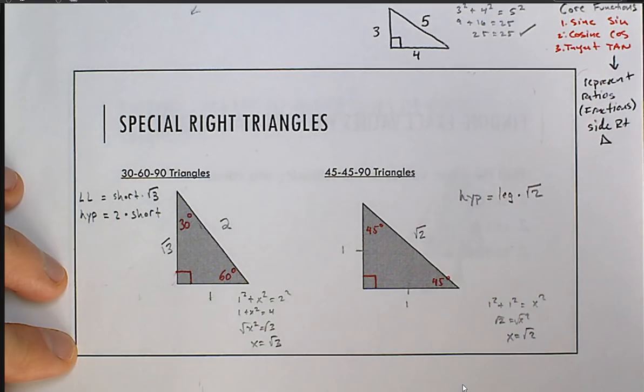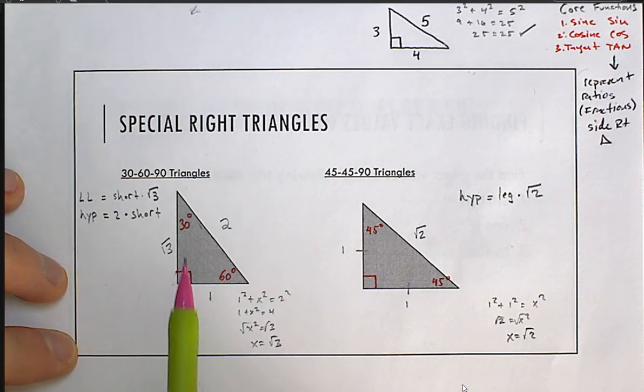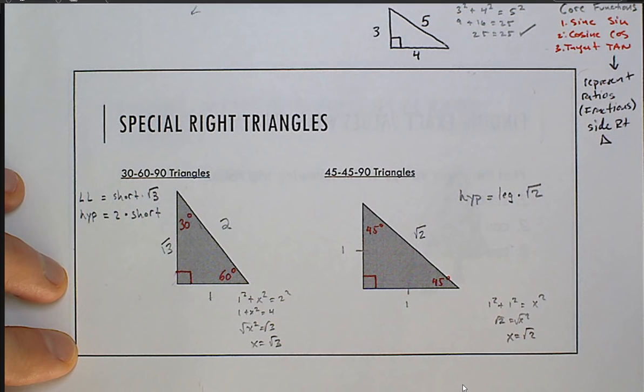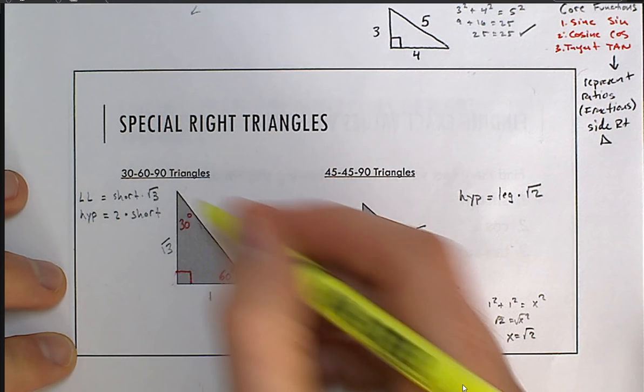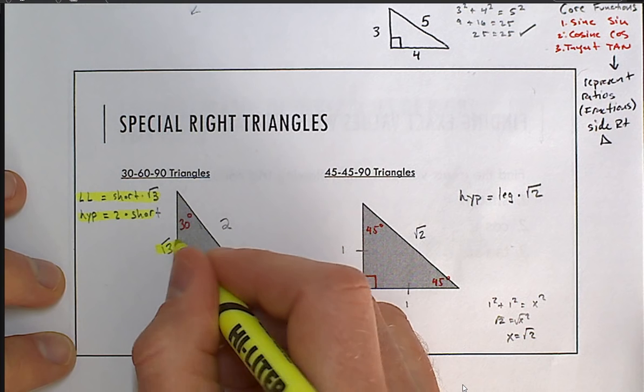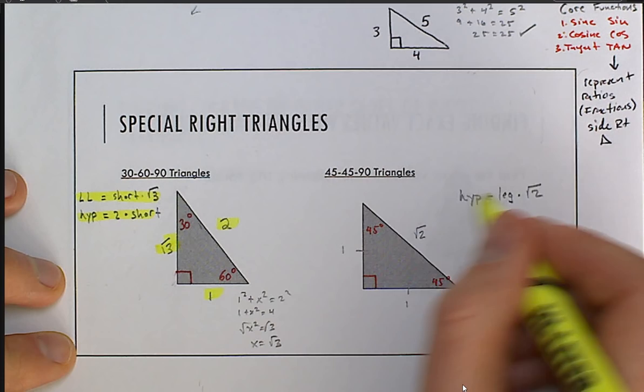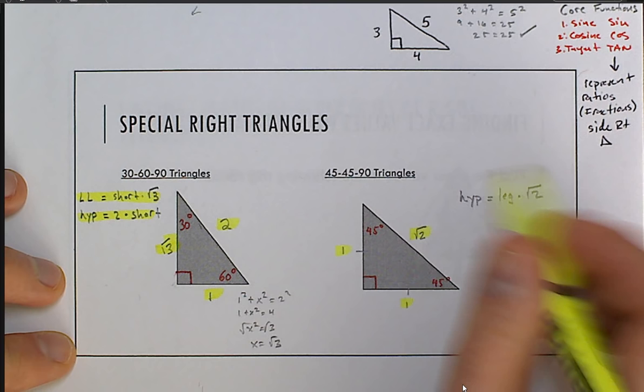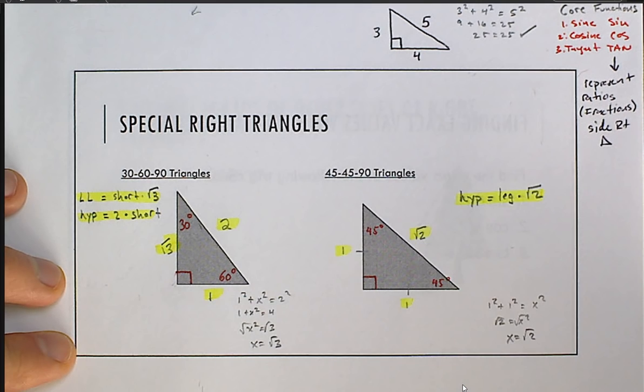If this was a 4, it'd be 4 times radical 2. These ratios are always going to be the same for 30, 60, 90 and 45, 45, 90. So what you really want to know with your 30, 60, 90 are the equations. That's going to be helpful for you. But also these side lengths that lead to these ratios that are going to be the same over and over again, because this is going to help us out down the road.